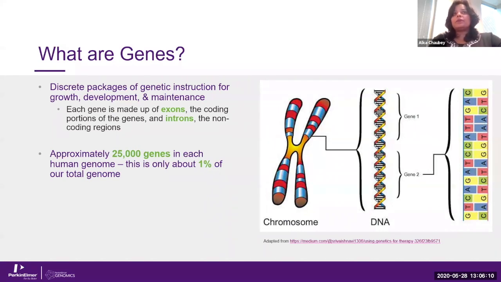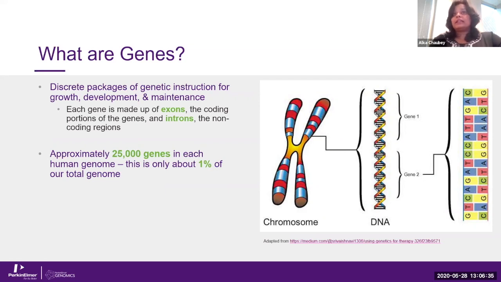A chromosome is packed DNA along with protein, in a very simple form, and the DNA is made up of numerous genes. There are approximately 25,000 genes in the human genome, and this is only 1% of the total genome.